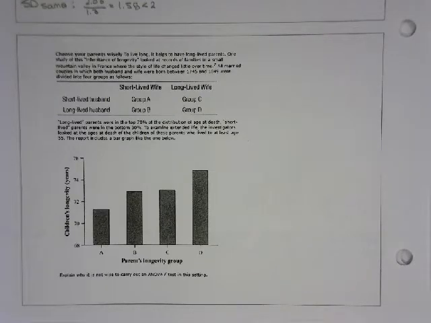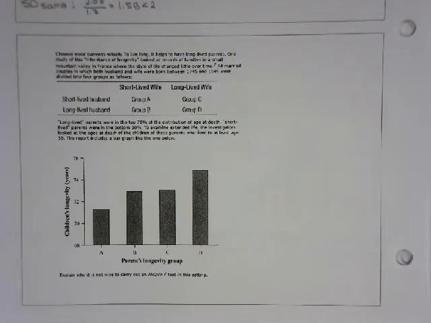All married couples in which both husband and wife were born between 1745 and 1849 were divided into 4 groups as follows: short-lived wife with a short-lived husband, short-lived wife with a long-lived husband, long-lived wife with a short-lived husband, or both of them are long-lived.